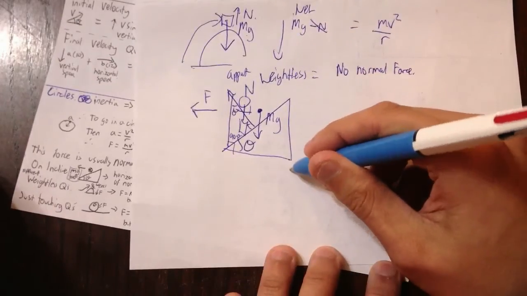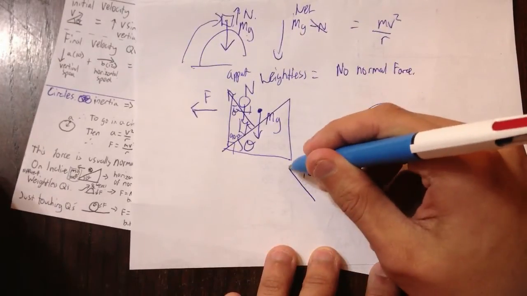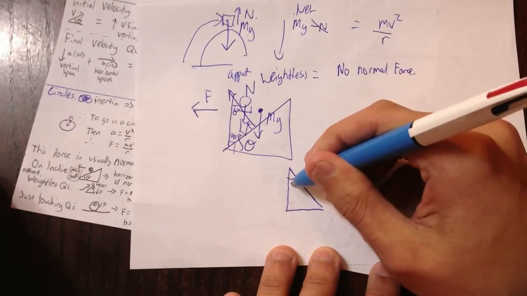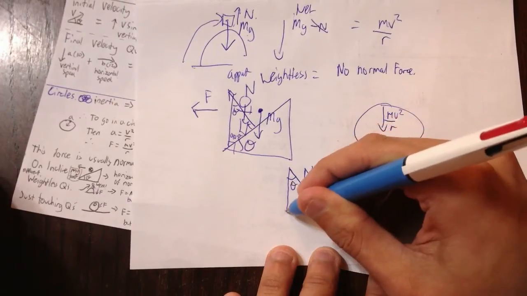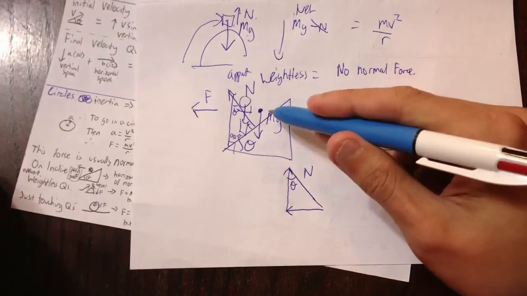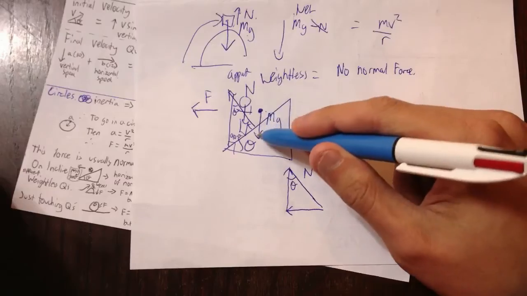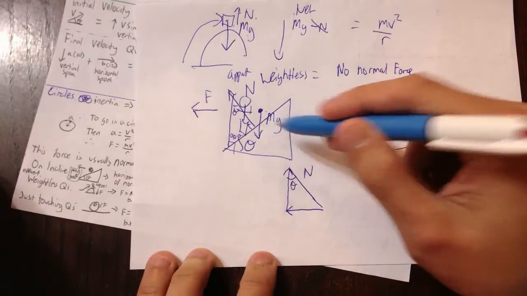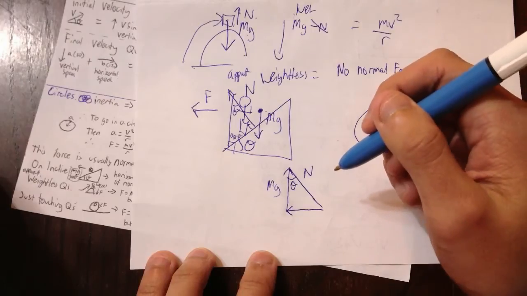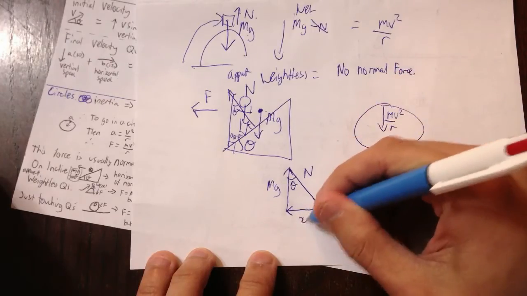So if we look at the normal force again, it looks like this. Normal. This is theta. This is our direction. And since it's not moving down, the magnitude of this must be exactly cancelling out our gravity force. So upwards must be mg. Okay, so what's x?